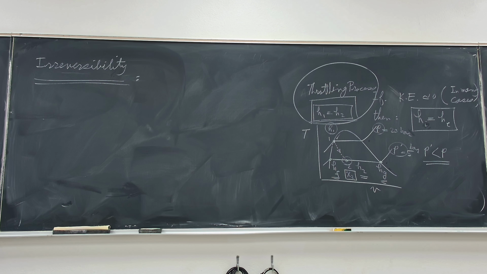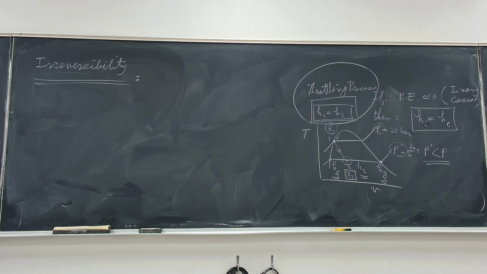If this process was ideal, it would go back to its initial state. This is due to irreversibility in the process, right? If this was reversible, it would go back up.